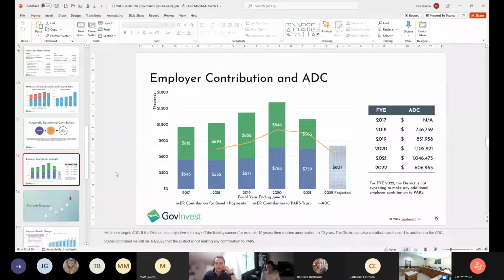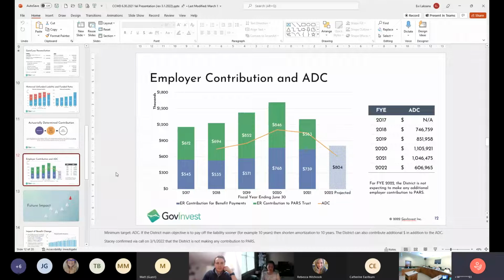For 2022, we had some conversations before with Stacy and with Michael, and it looks like the district is not anticipating any contribution to the PARS trust. So we are assuming that your cash expenditure for this coming year from your OPEB plan will only come from the retiree healthcare expenses that you would have to pay to your retirees.